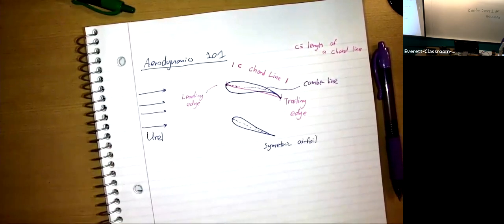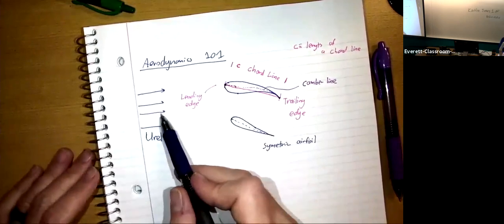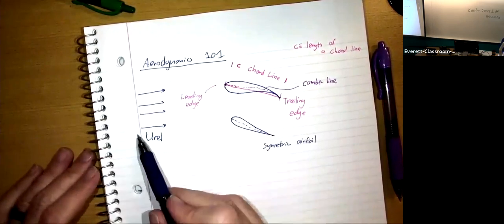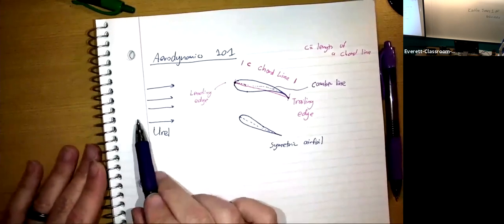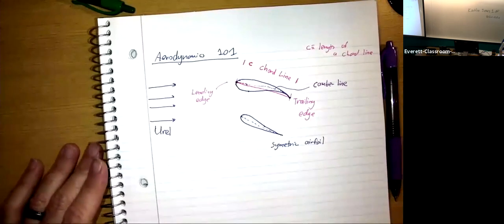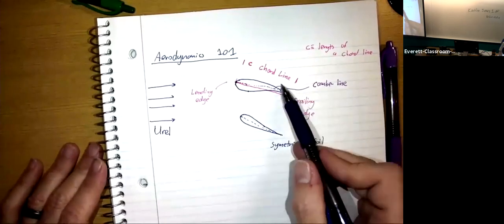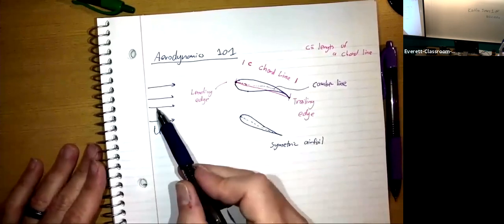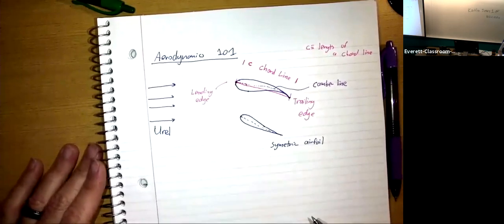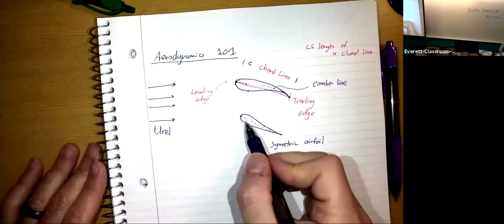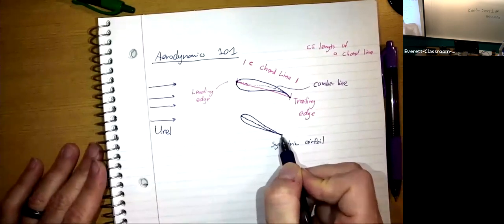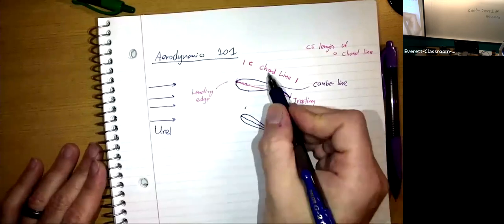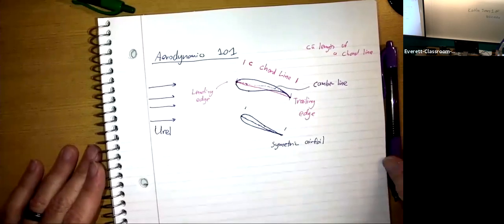Now, the wind speed, the relative wind speed, I purposely drew as horizontal. And my chord line is not in line with the wind speed in either case. So this is my chord for this airfoil, and I've already drawn the chord for this airfoil.